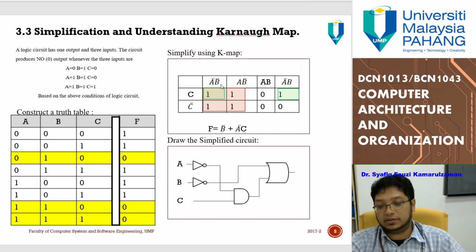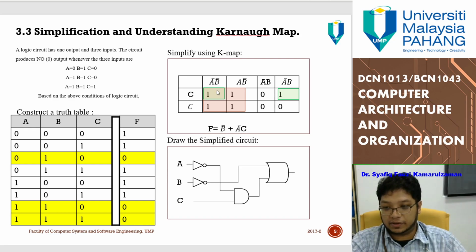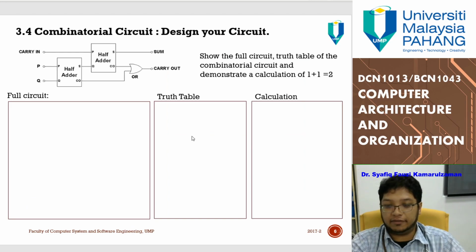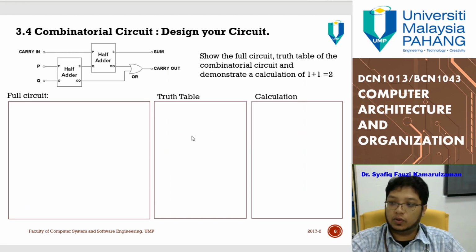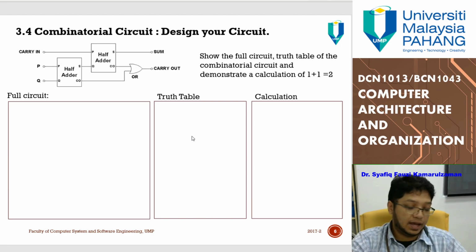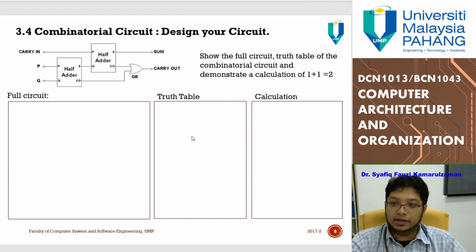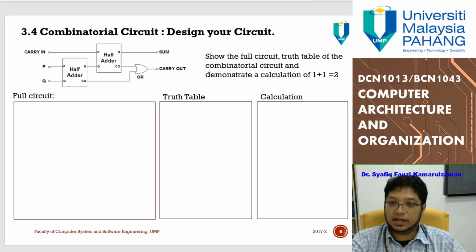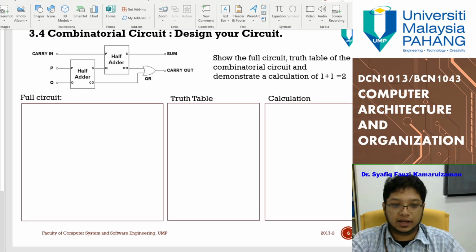Last week I put some videos on the Karnaugh map, and I expect you to have finished up until this point already. Last week I also introduced half adder and full adder. It's not a difficult task for you to do, but you need to understand it clearly. Today we'll start with 3.4, which is half adder.